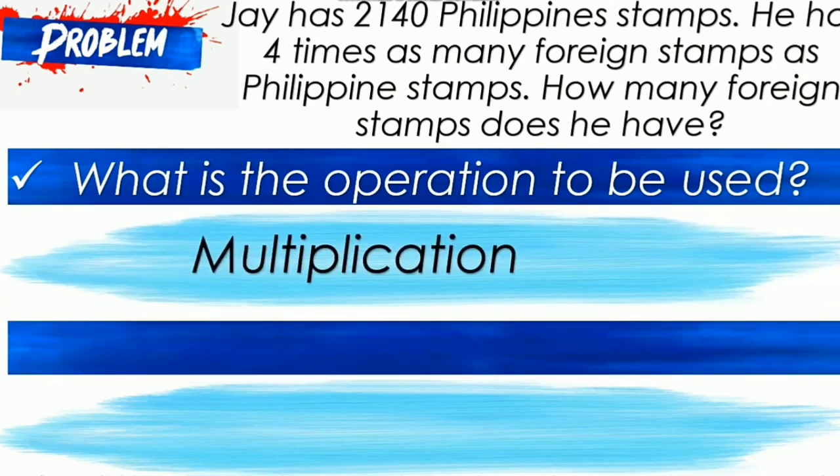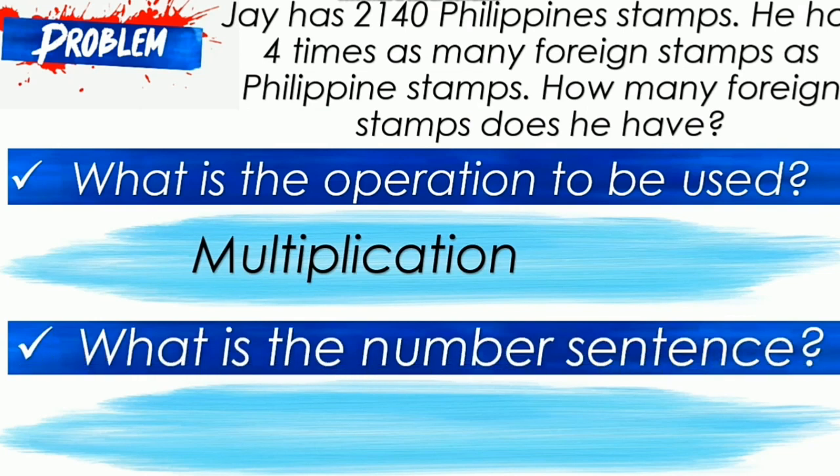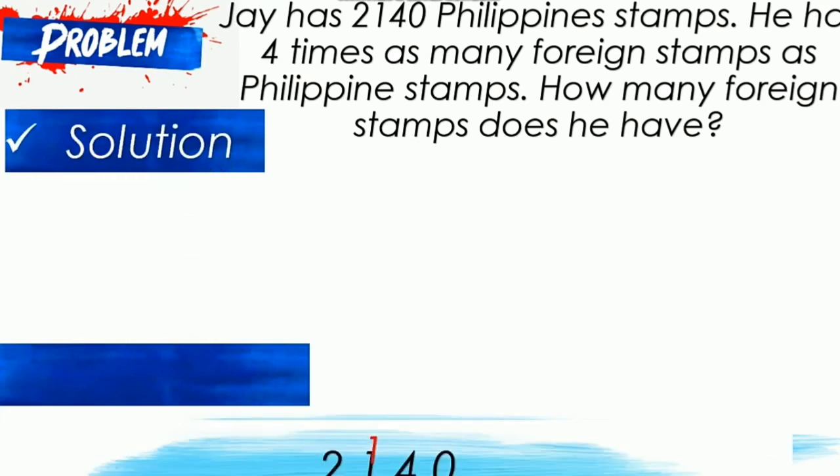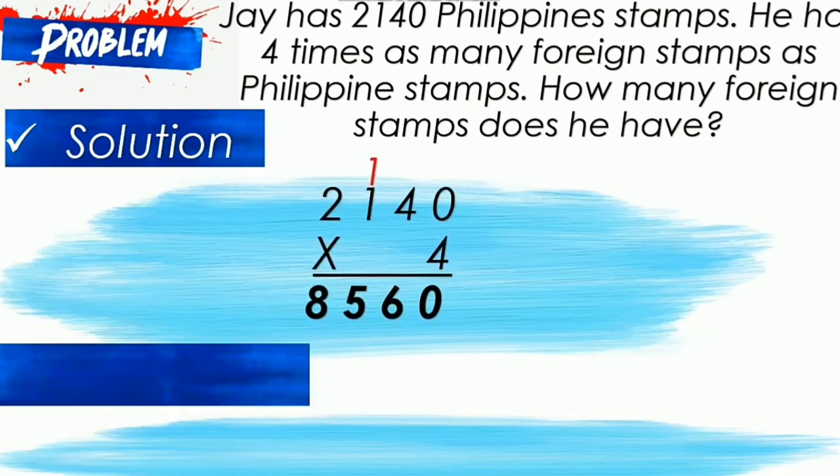Now the next thing is our number sentence. Our number sentence will be n equals 2,140 times 4, because we are multiplying the number of Philippine stamps by 4 times as many foreign stamps. So from here you use long multiplication to multiply 2,140 times 4.